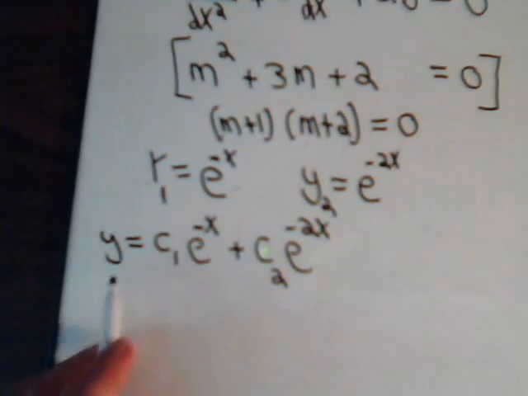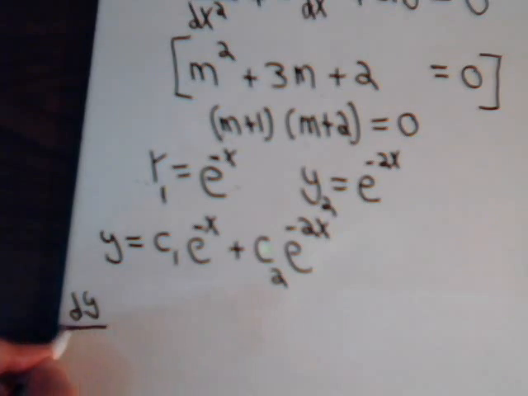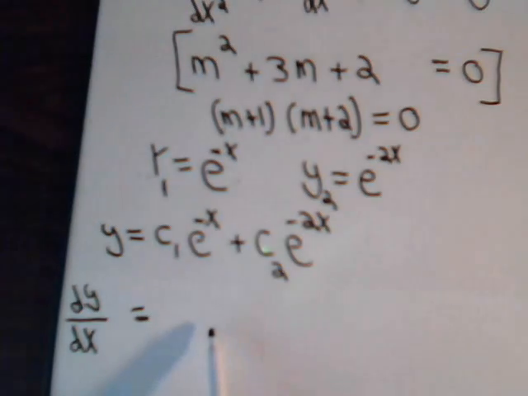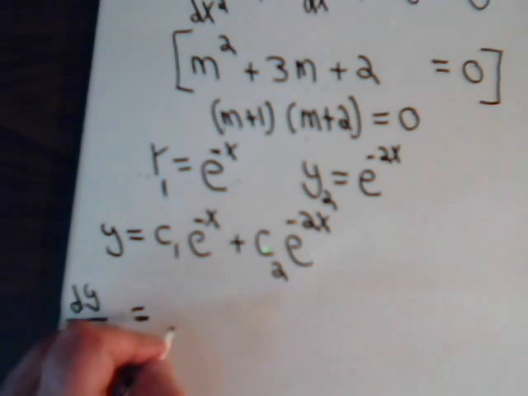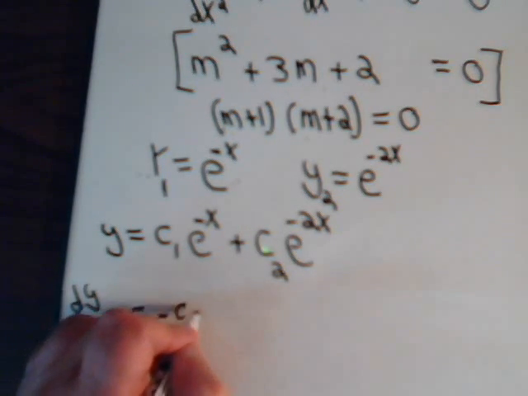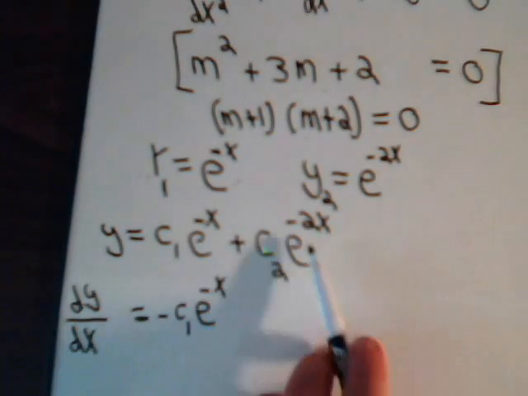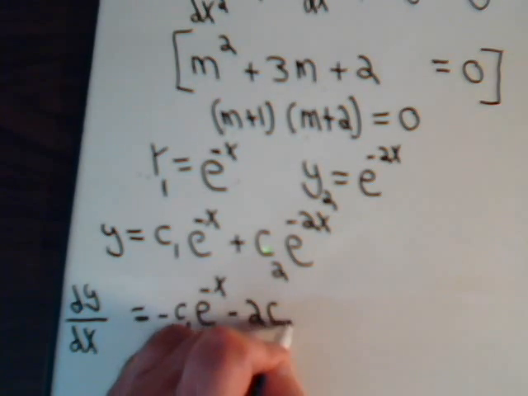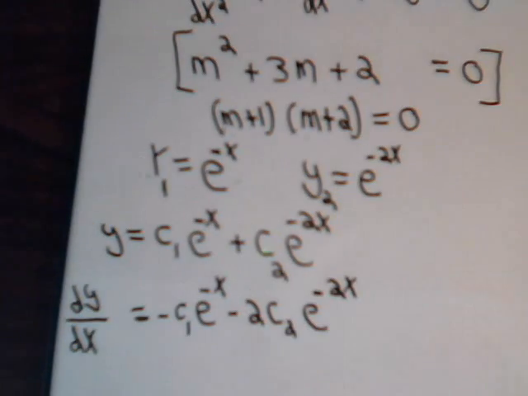If this is y, dy dx will equal, here this comes down as a negative 1, so we'll have minus C1 e to the minus x. Then here we'll have minus 2 C2 e to the minus 2x.